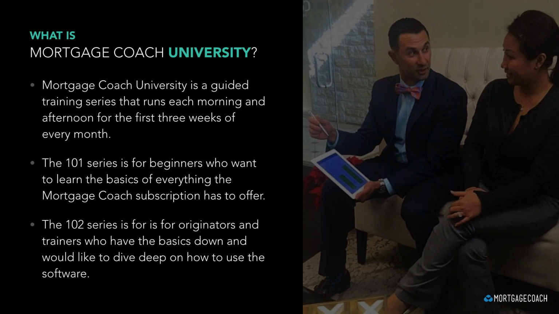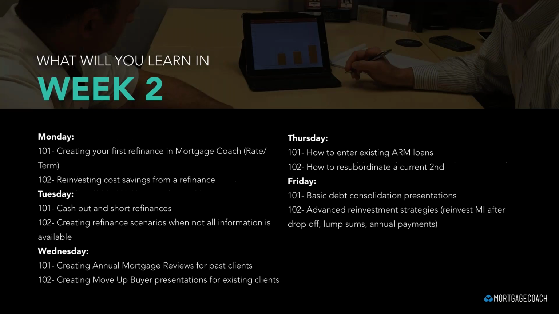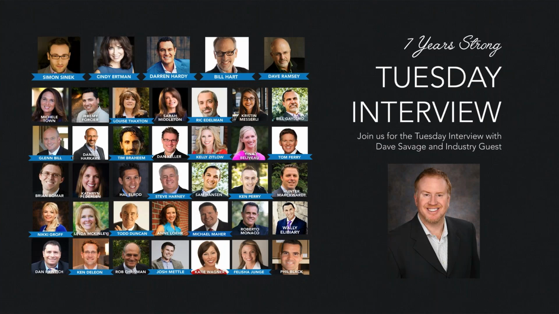Today we'll be creating your first purchase total cost analysis using an FHA 3.5% and a conventional 5% loan. We will be meeting for 2 more weeks after this week.